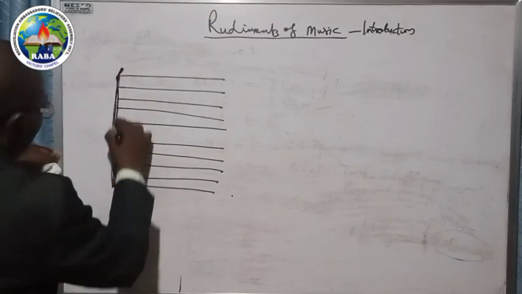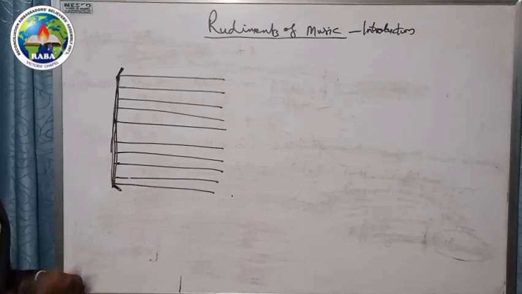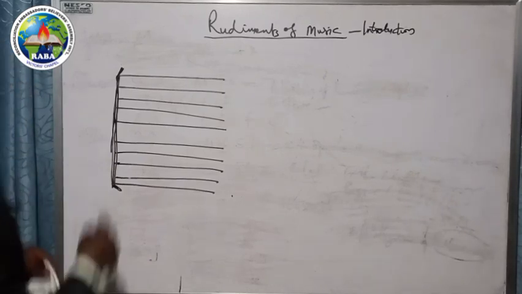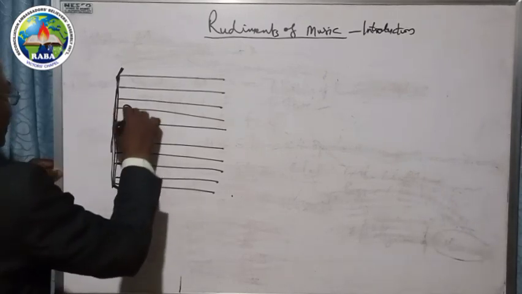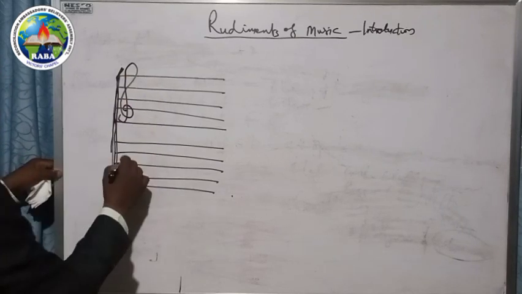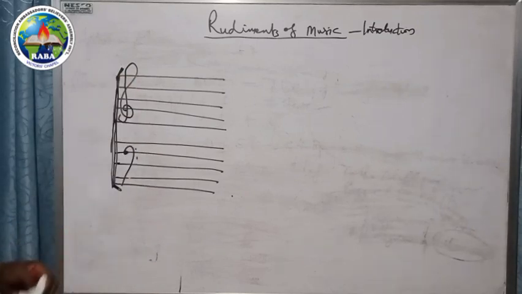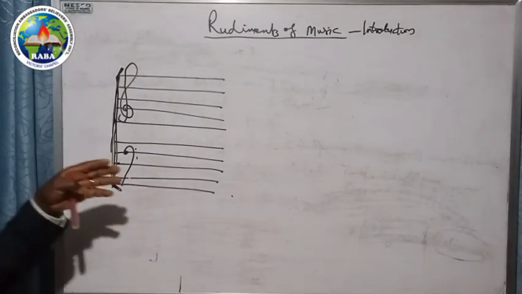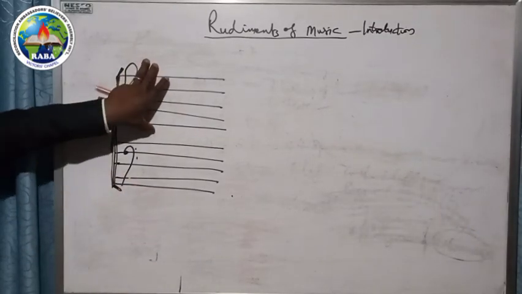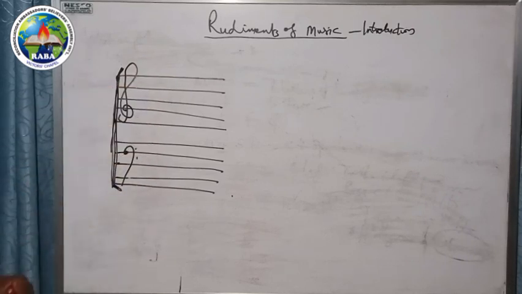The beam that joins the treble stave and the bass stave together. You can now see that the treble stave is on top, and the bass stave is below. Let me tell you something before I do the next exercise.